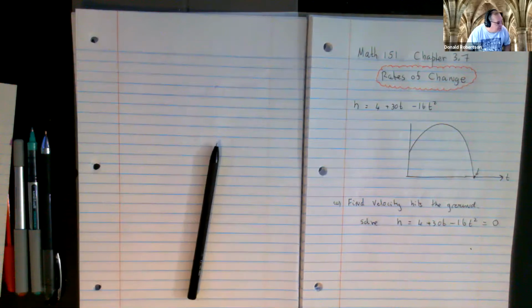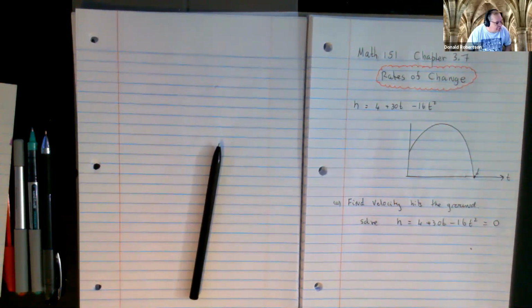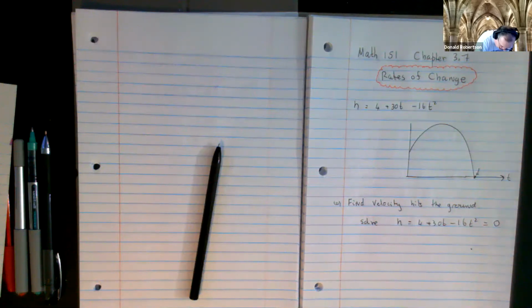When is the height 0? Now, you could simply do that by factoring, or, God forbid, sometimes you have to use the quadratic formula. But there is a third way to do that, and that is to use Desmos.